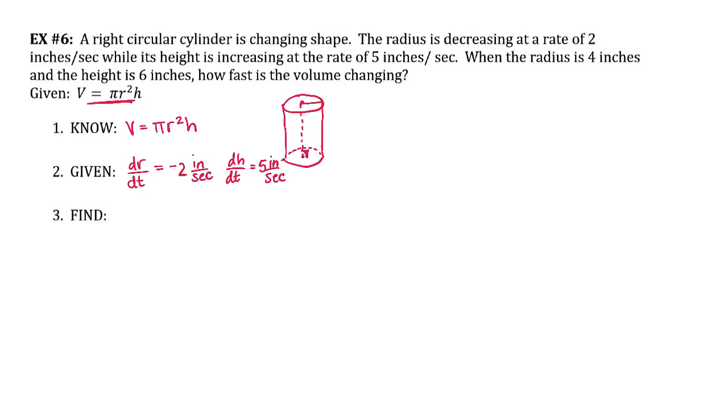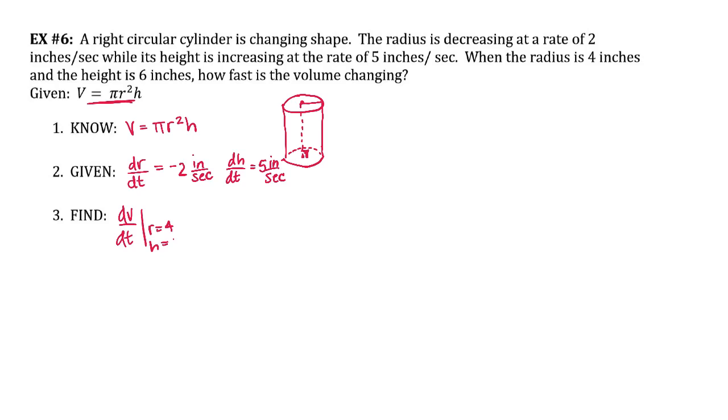All right, and now it wants to find the rate of change of the volume, or how fast the volume is changing, dv/dt, when the radius is 4 and the height, I believe, was at 6.